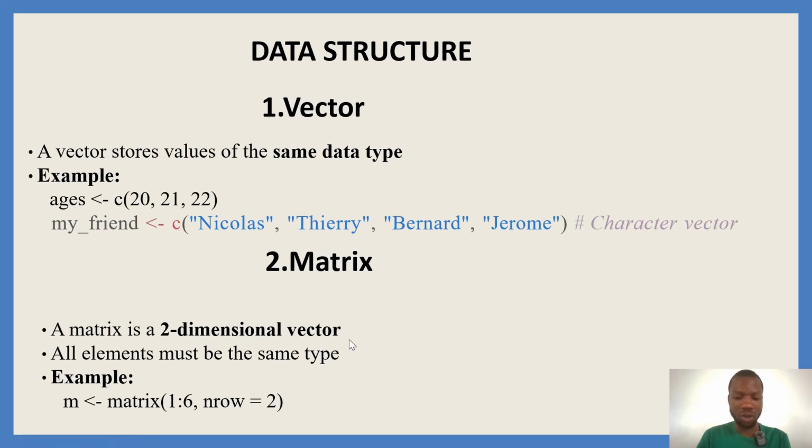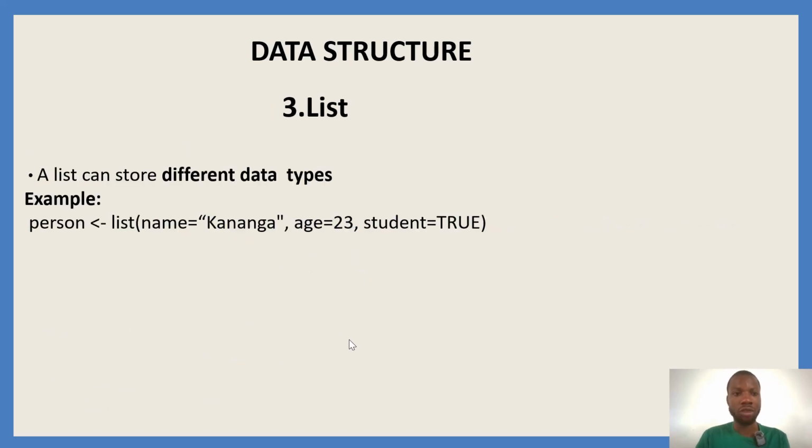A matrix is two-dimensional and of the same data type as usual, while a list can store different data types. That is the difference between a list, the matrix, and also the vector.